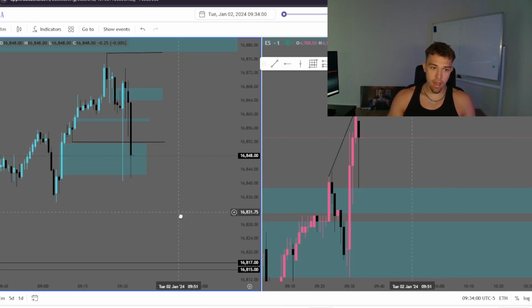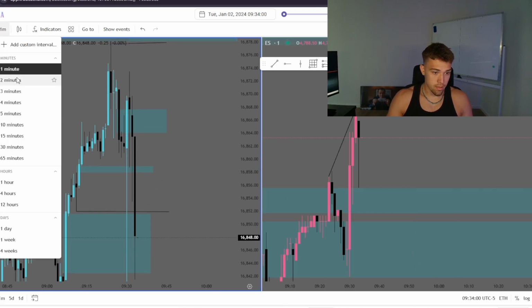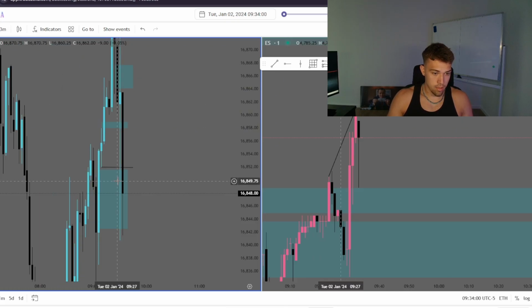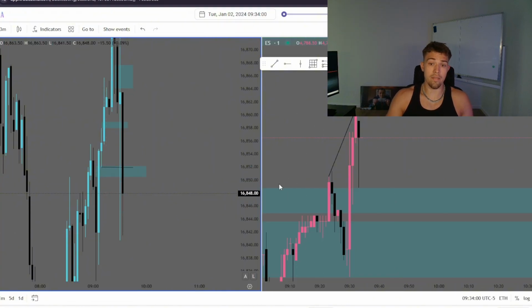But what is the obvious draw? Think about it. Internal, external bearish SMT and higher time frame gaps. And look, we just inversed this 2-minute gap. And right here, we inversed this 3-minute bearish fair value gap. That's why I say I take my entries on the 1 to 3 minute time frame. Okay, so boom, we just inversed that.